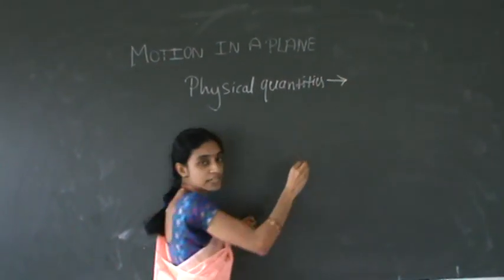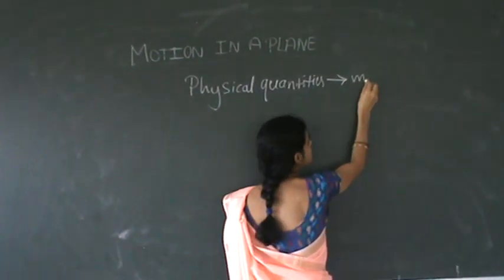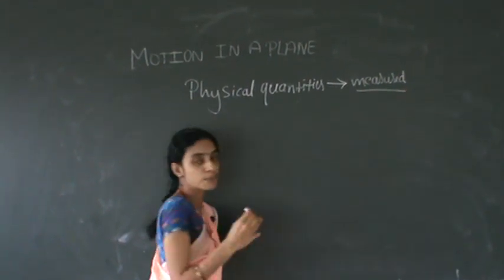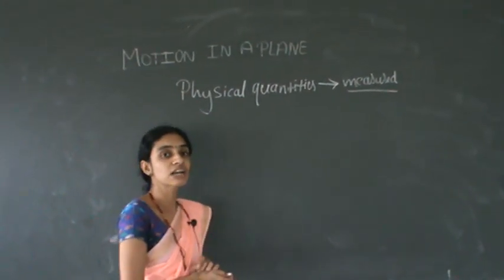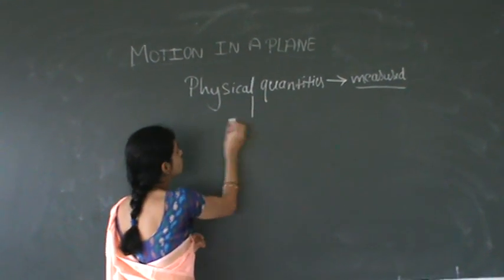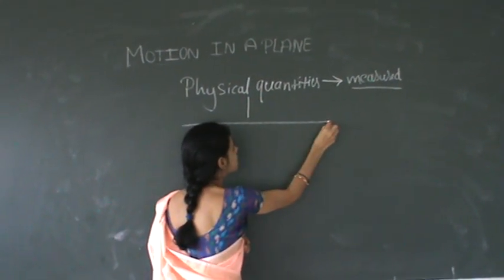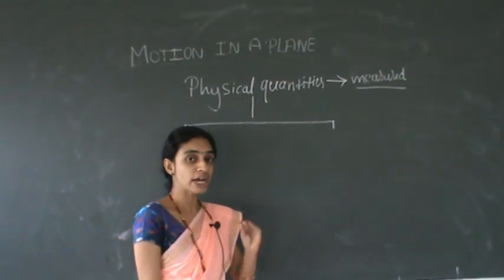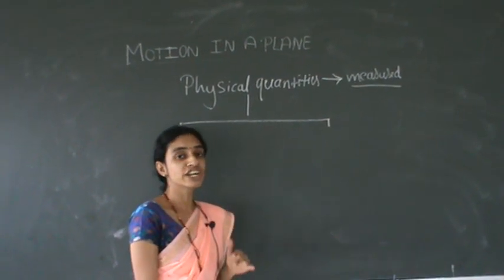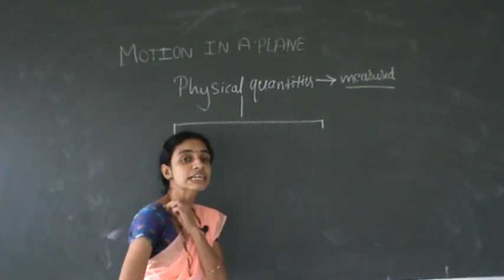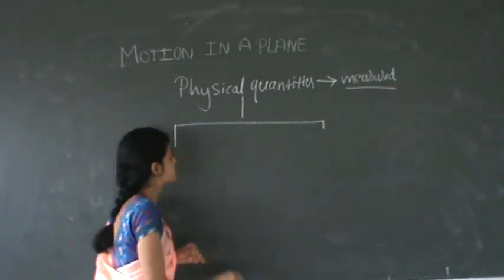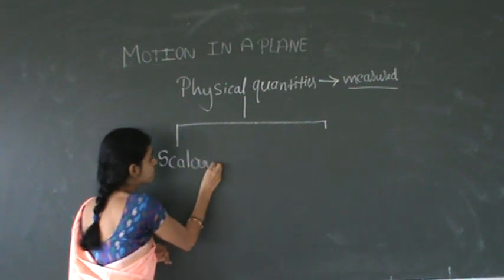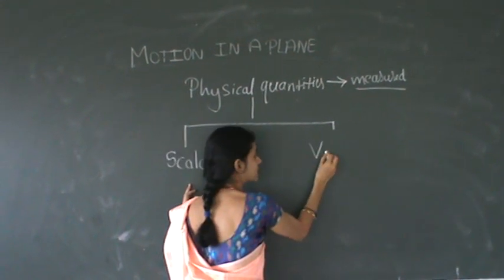So we can define the term: a quantity which can be measured, a measurable quantity, is nothing but a physical quantity. Depending upon the magnitude and direction, we are going to classify the physical quantities into two types, that is scalars and vectors.